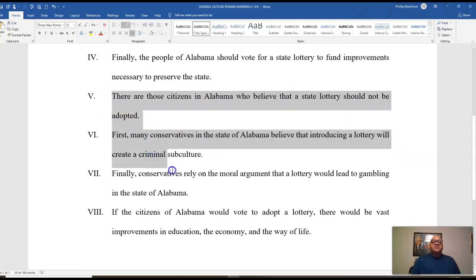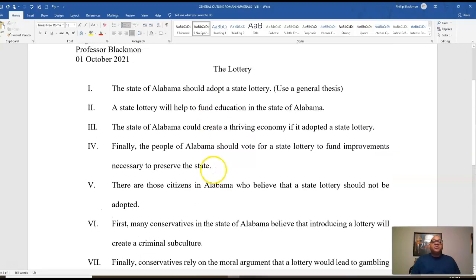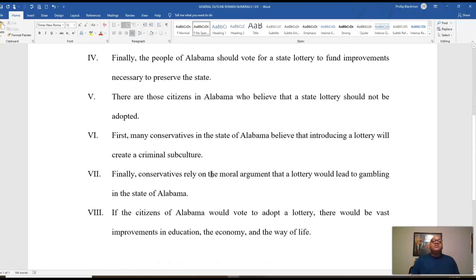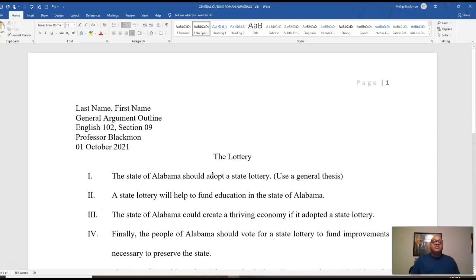Here are my opposing views, right? And so we get a chance to look at the points we're going to use for the paper. We can see if they're good points. We can debate if they're bad points. But you should be able to use this to see if you are developing a good argument.